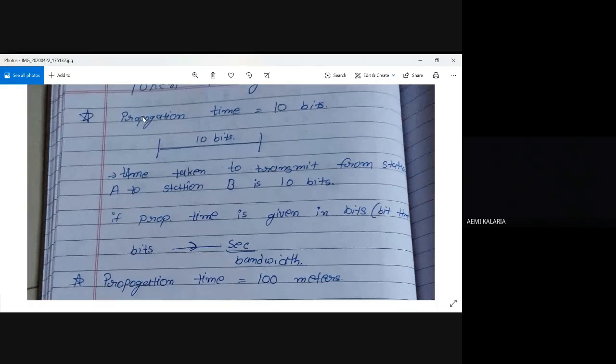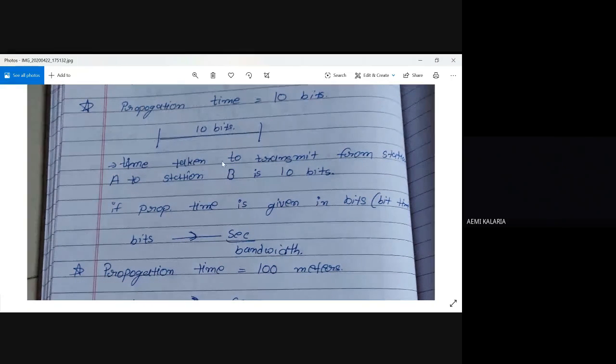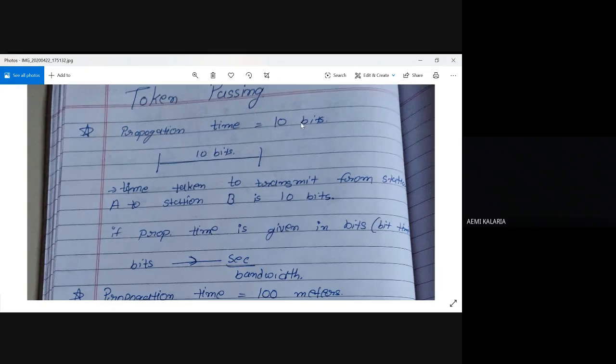So let's say in this example, propagation time is equal to 10 bits. Basically, if they are giving 10 bits, it means the time taken by 10 bits to travel from the source to destination. That we can call 10 bits. Now, the time taken to transmit from station A to station B is 10 bits, right? If propagation time is given in terms of bits, not in terms of seconds.